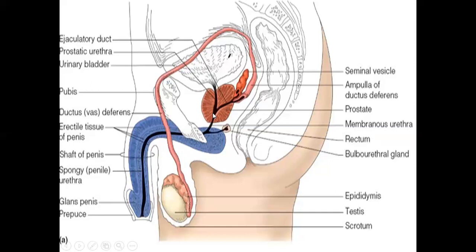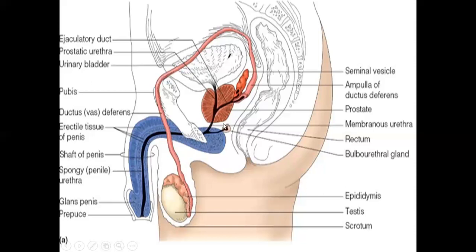Now, from the prostatic urethra, the secretions propel forward into the membranous urethra, and from there they mix with another secretion secreted by your bulbourethral gland.